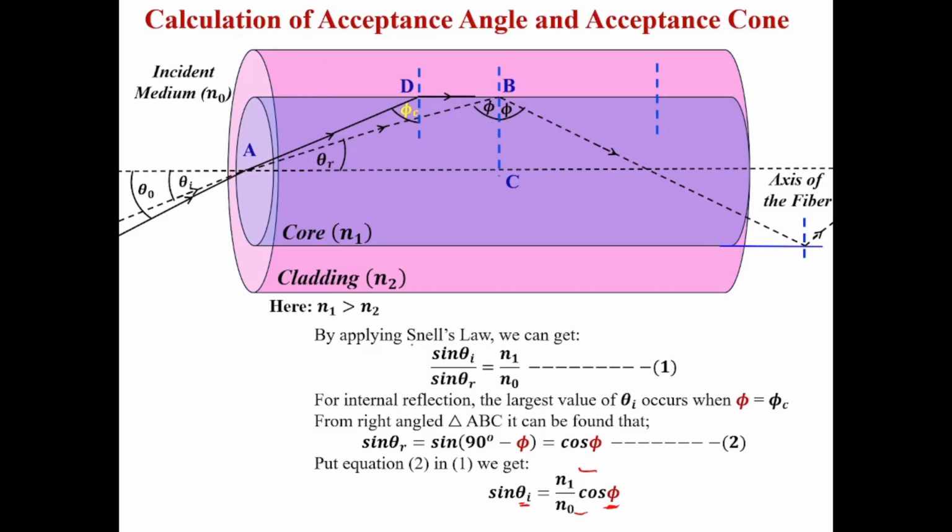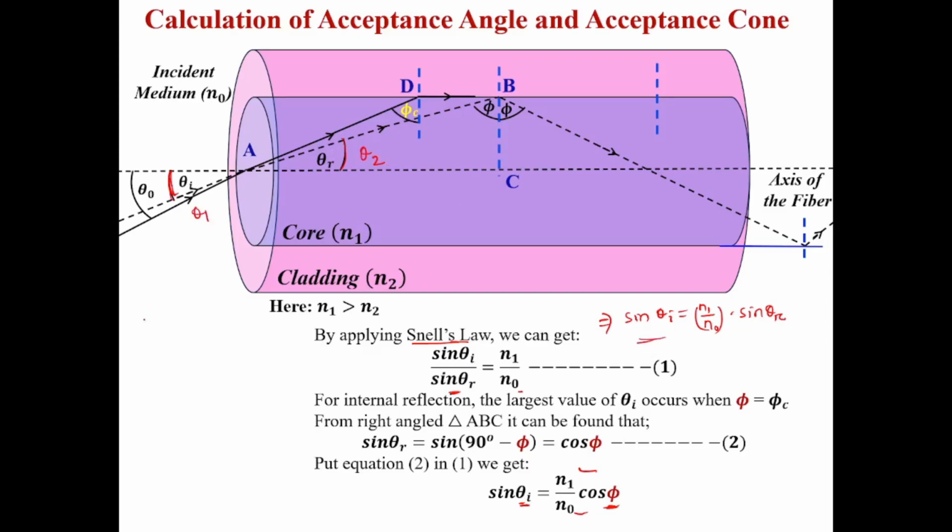Here we discussed by applying Snell's law what we found: sin I by sin R, if this is your incident angle and this is the refracted angle, will be equal to n1 by n0, right? So that implies sin theta I will be equal to n1 by n0 into sin theta R. In our case, theta I is written as theta 1 and theta R is written as theta 2.